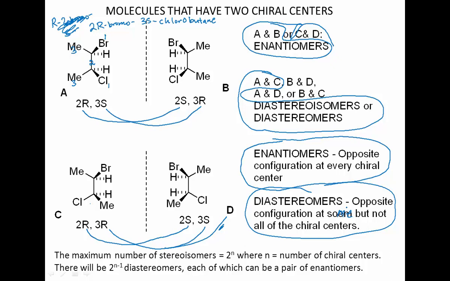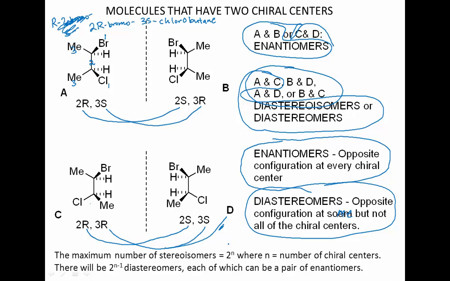So A and C, B and C, A and D, B and D are all compounds in a diastereomeric relationship. Notice that when we had two stereocenters, two chiral centers, we had 4 possible stereoisomers.